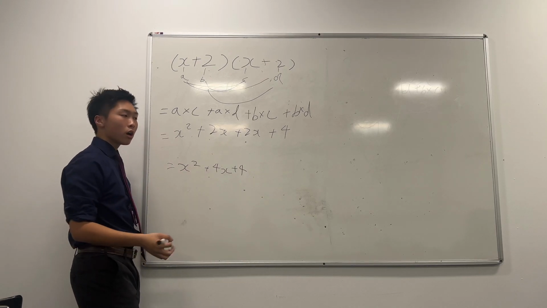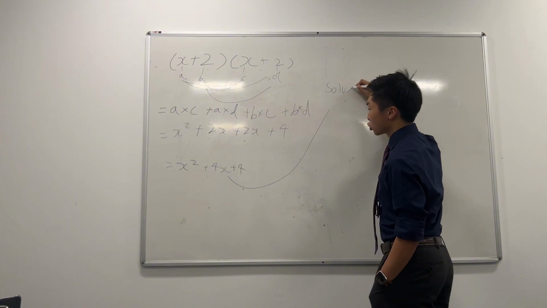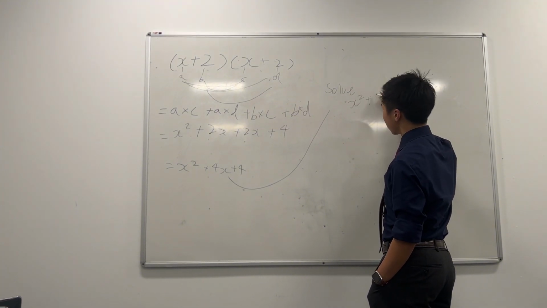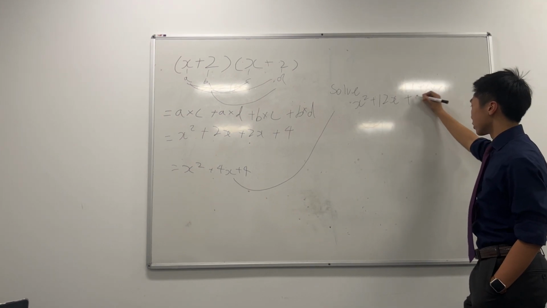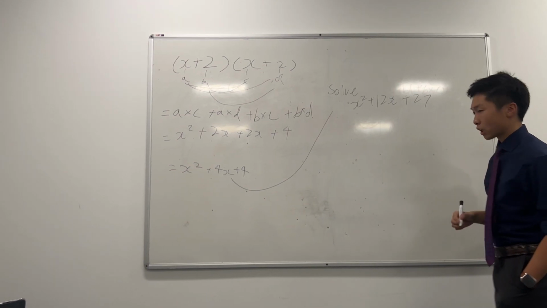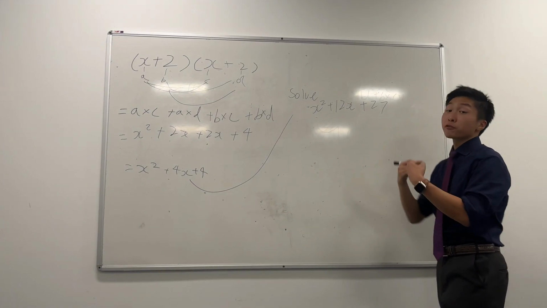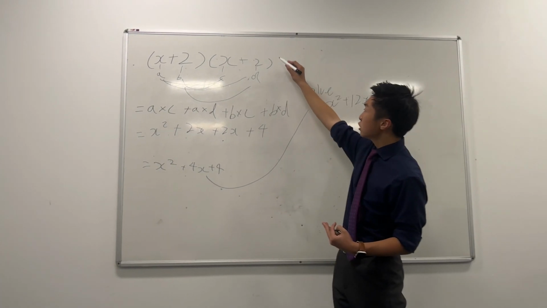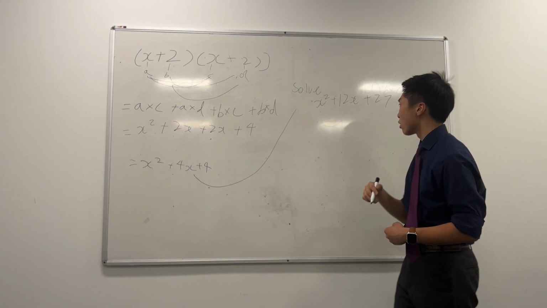But how do you answer it when they ask you to solve it? Solve x squared plus, let's use a different number, right? x squared plus 12x plus 27. So in this situation, you first factorize it, so turn it into this bracket form, because sometimes they can ask you to factorize this as well.